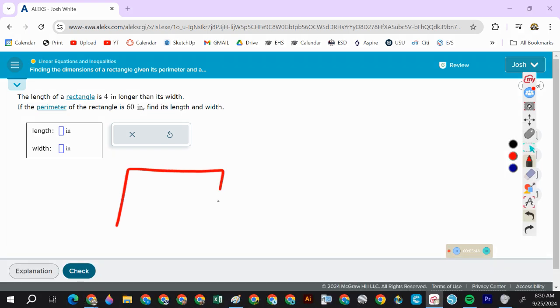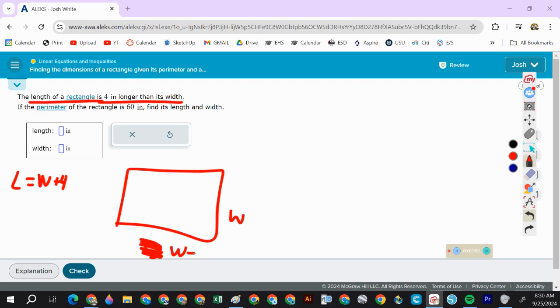So we draw our rectangle, length and width. And this says that the length is 4 longer than its width. So L equals W plus 4. So I can replace L with W plus 4, which means the top is W plus 4, and the left side is just W. So if I add all of these together, I get 4W plus 8.